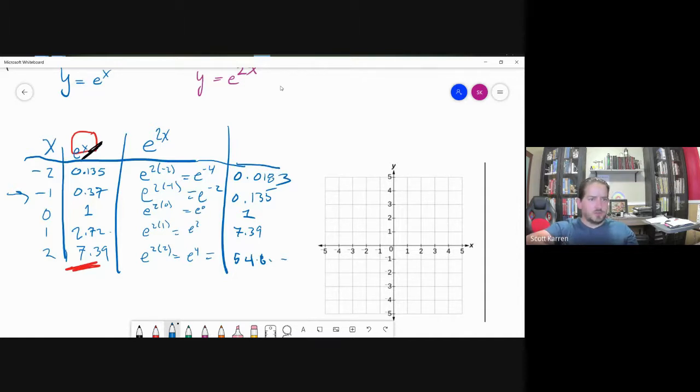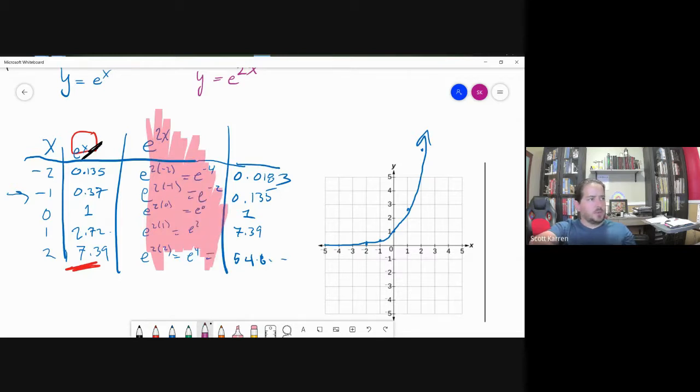I've got -2 and like 0.135, -1 and 0.37, 0 and 1, and then 1 and 2.7, 2 and 7.39. So I don't know, somewhere up there, right? But I've got this. Looks like that-ish. I missed. Shocker. And let's do e to the 2x. Let's do it in red or purple. I don't know. Who cares?